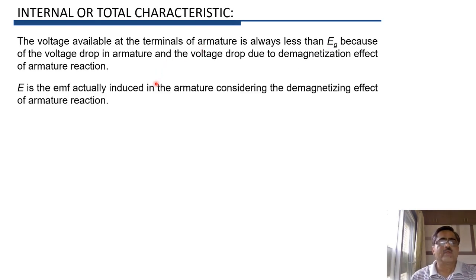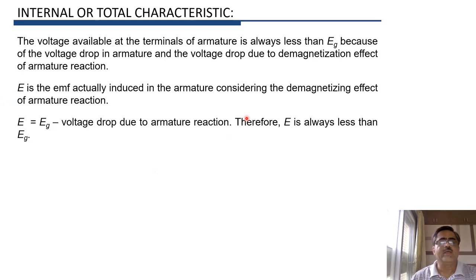So the EMF E is the EMF actually induced in the armature considering the demagnetizing effect of armature reaction only. So without considering the voltage drop in armature due to its resistance, that is IaRa, if only demagnetization effect of armature reaction is considered, then the EMF across brushes is E.